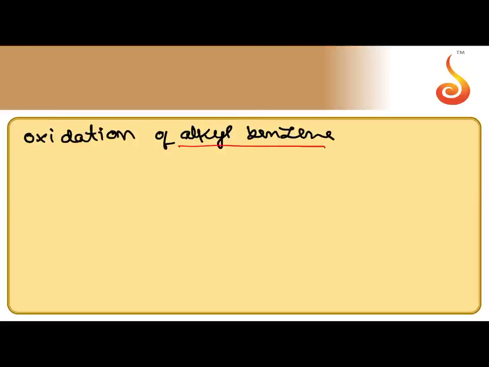Oxidation of alkyl benzene, substituted benzene. Let us take methyl benzene. When methyl benzene is subjected to oxidation with alkaline potassium permanganate, the CH3 group present is oxidized, forming carboxylate because of the base.